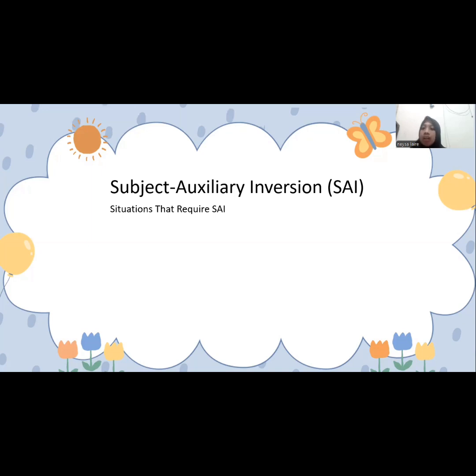Conditional inversion without if. Example: should you need help, let me know. So or neither constructions. Example: so do I, neither does he. Comparative inversion. Example: more important than money is help.